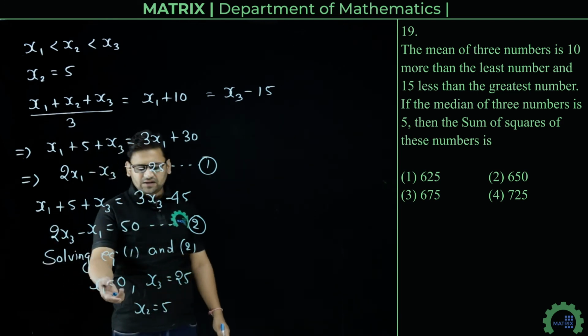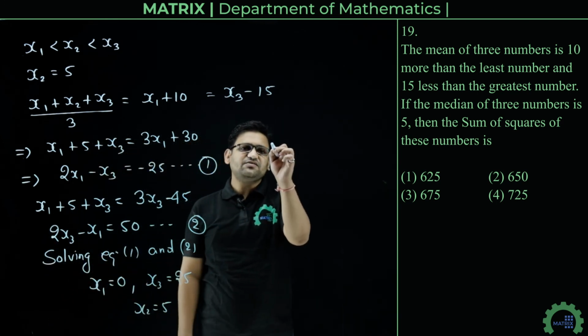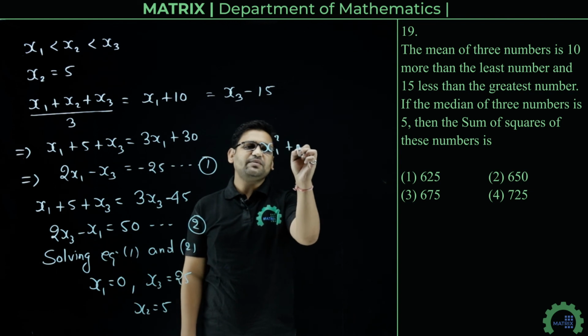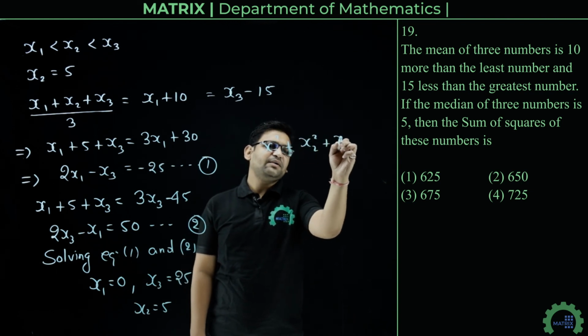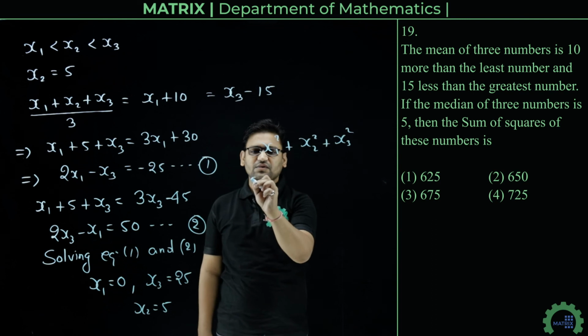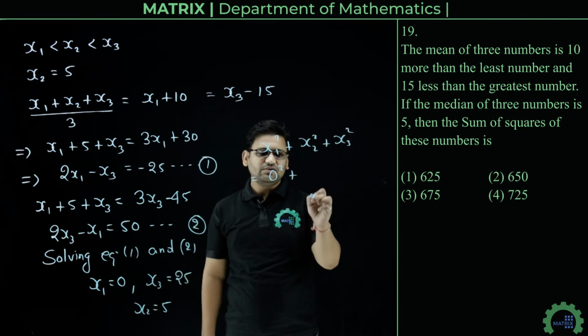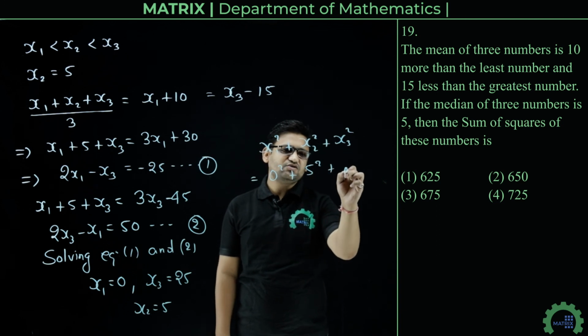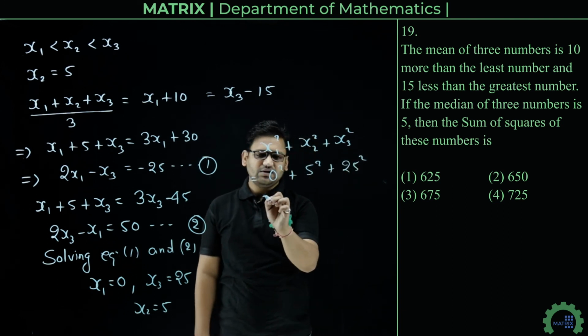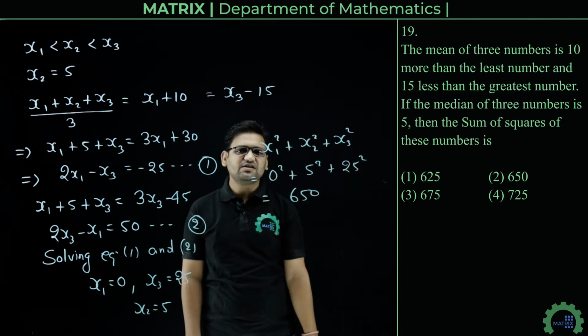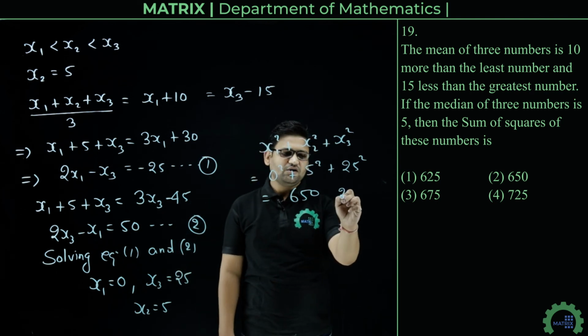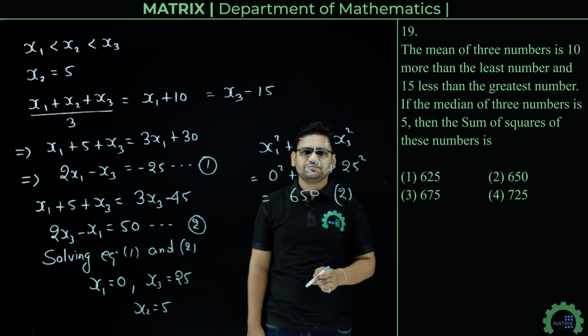We need to find the sum of squares of these numbers, that is x1 squared + x2 squared + x3 squared. x1 is 0, so it is 0 squared, x2 is 5, so 5 squared, and x3 is 25, that is 25 squared. So finally we get 650 as our answer, which is option number 2. Option 2 is the correct answer.